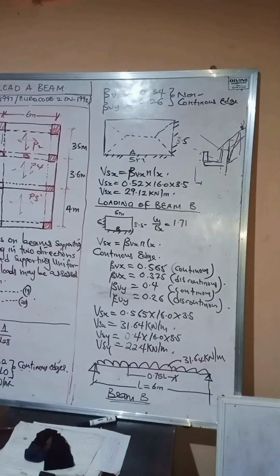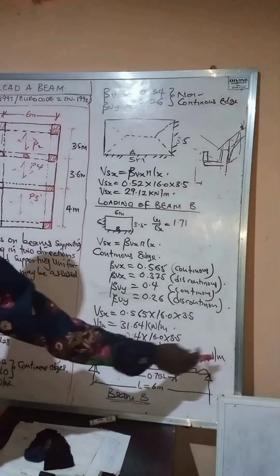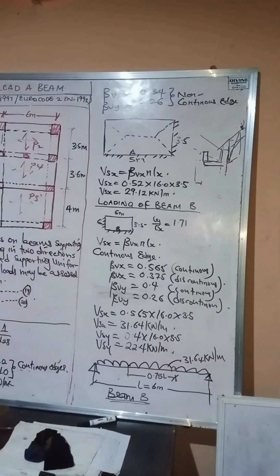All right. So once you do that, you have the UDL occupying the entire span. But if you feel comfortable designing with 0.75L, you are okay. Otherwise, it is advisable to load the remaining part of the beam with your load.